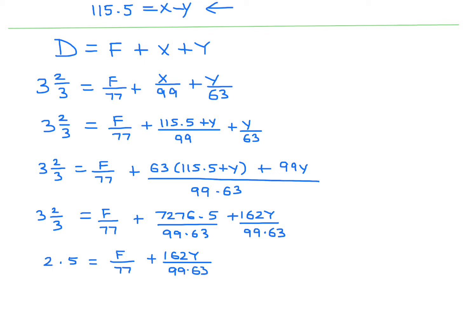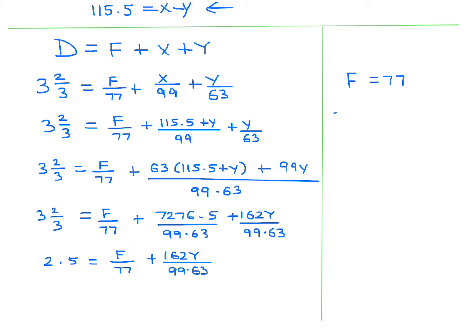Okay, at this point I still have two variables, but I can use inspection now. So let's see. Using inspection, let's see what I get. Because that's the only thing I can do when I have two variables. Let's say I let f equal to 77. That would make that 1.